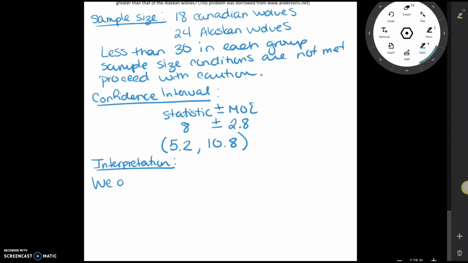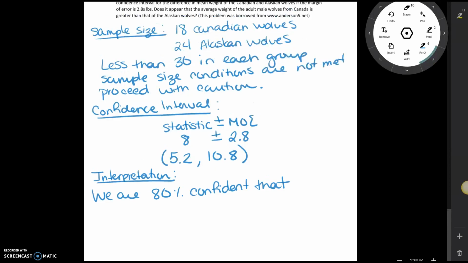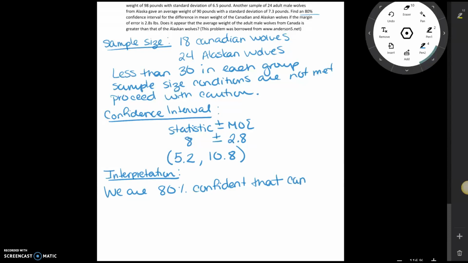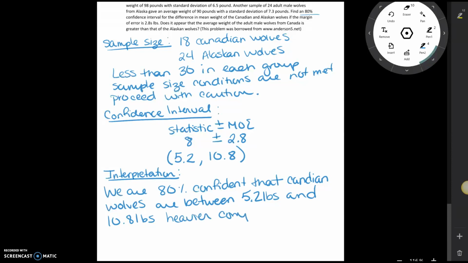So we are 80% confident that, and notice the first one we listed when we calculated the statistic was the Canadian wolves, that Canadian wolves are between 5.2 pounds and 10.8 pounds heavier compared to wolves from Alaska.